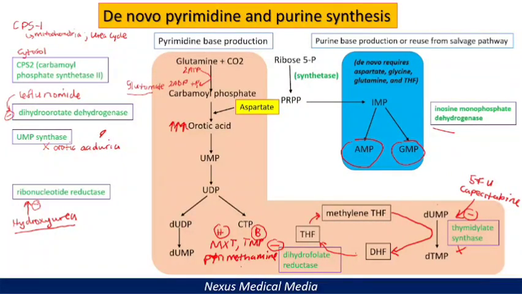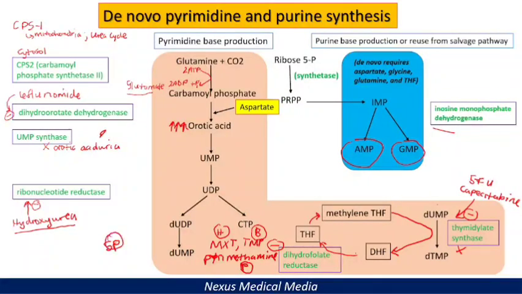And last but not least, pyrimethamine inhibits dihydrofolate reductase in protozoa. If you know a drug combination used for malaria prophylaxis called SP, it is sulfadoxine-pyrimethamine. So that's pyrimethamine targeting the malaria protozoa.